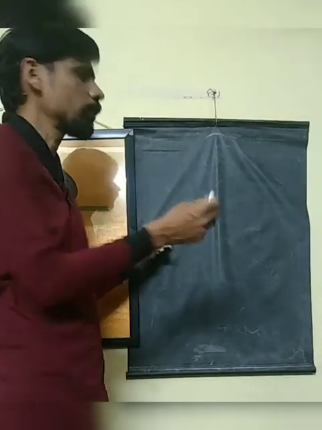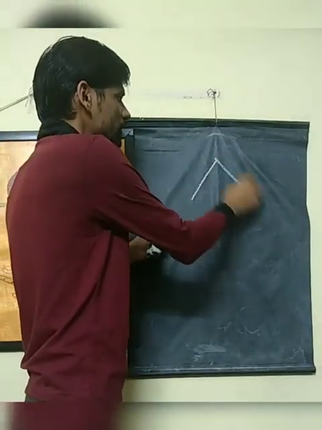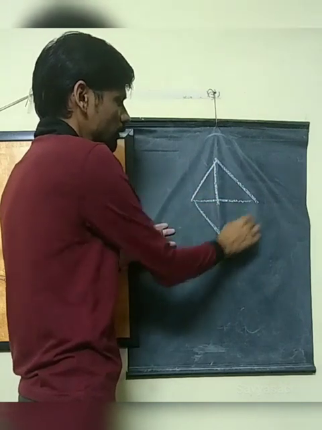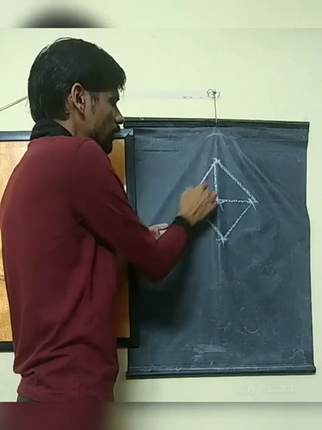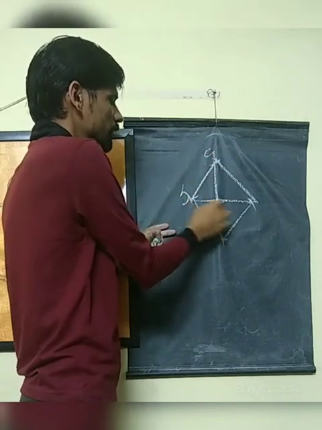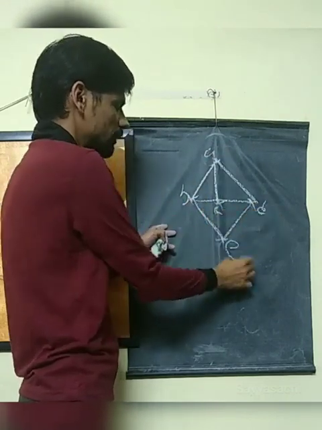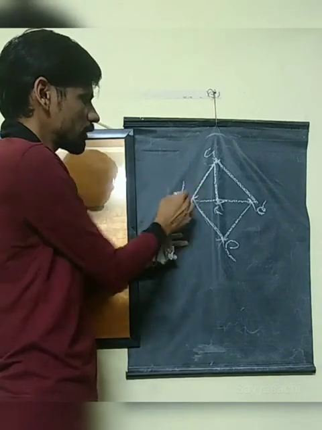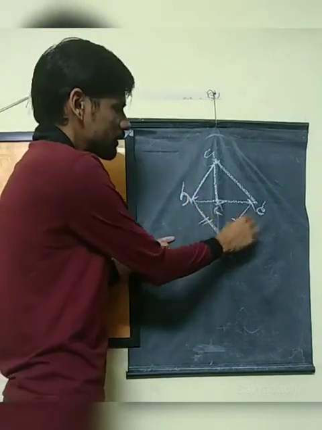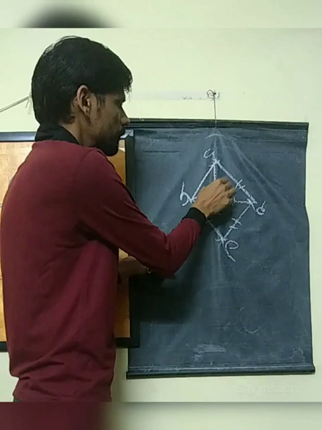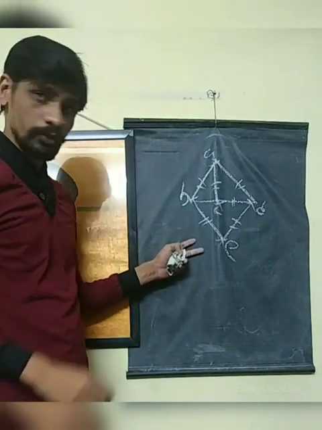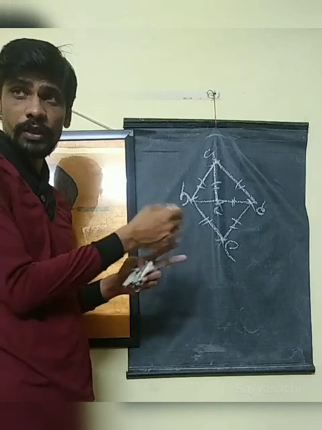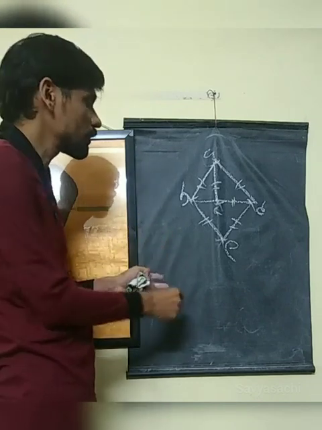Let's say we have another graph like this. Here how many vertices do we have? A, B, C, D, E. These are the vertices, these are the edges. Now another type is called an induced graph.